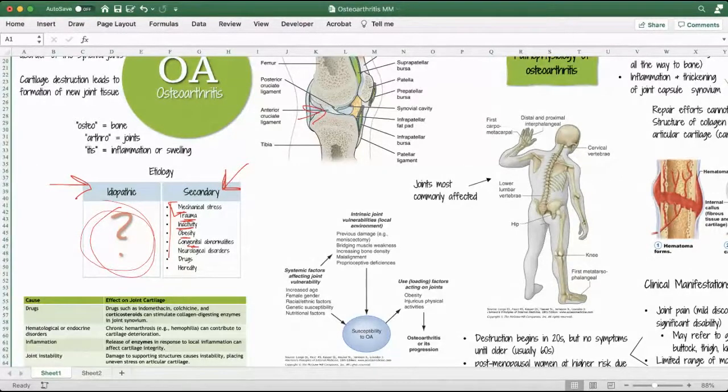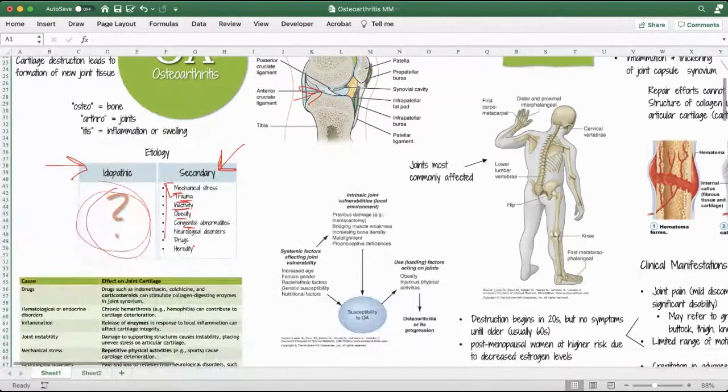Congenital abnormalities, so you can just be born with something, right? So if you look over here, it's really talking about how a lot of people will have one or two of these things and never develop osteoarthritis. It's kind of a conglomeration of different things. So you may have mechanical stress, but maybe you're just not predisposed to osteoarthritis, so you won't get it.